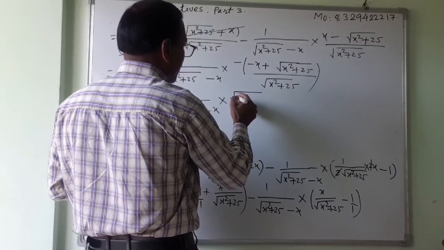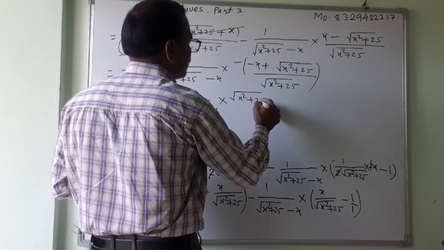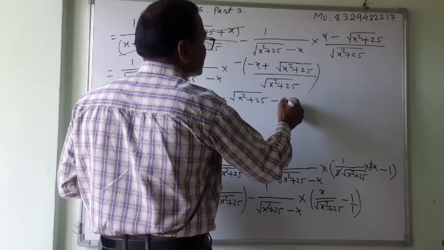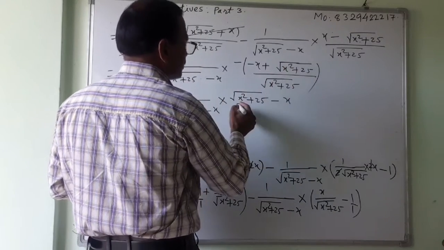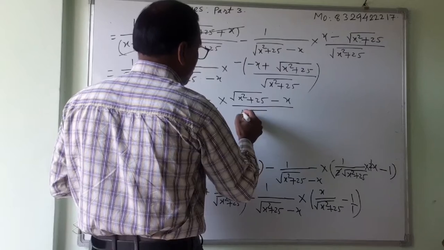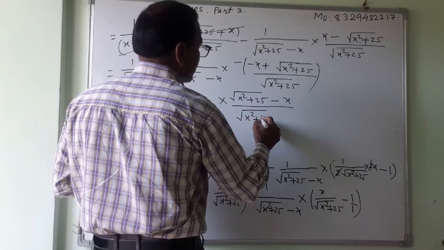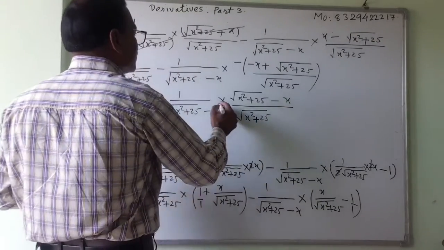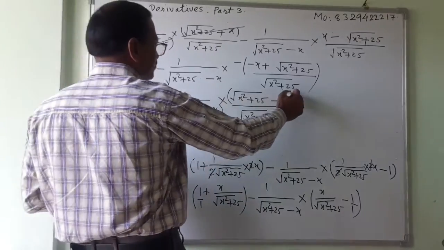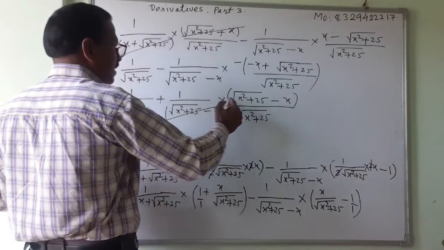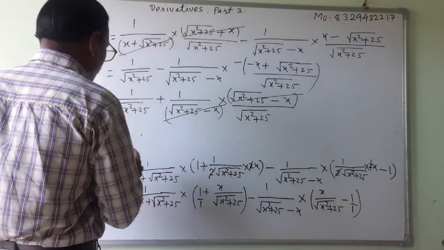So it will become x square plus 25 minus x, change the order, upon x square plus 25. See that this bracket and this bracket has come. Same, cancel them.